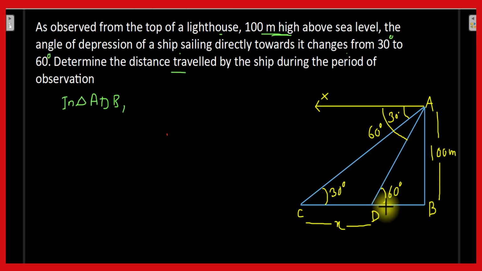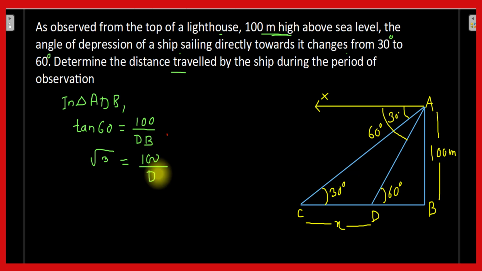AB is the opposite side and DB is the adjacent side, so tan 60 is equal to 100 upon DB. Now tan 60 is root 3, so root 3 equals 100 upon DB. Take DB to this side and root 3 to the other side, and you will get DB equal to 100 by root 3 meter. Let this be equation number 1.